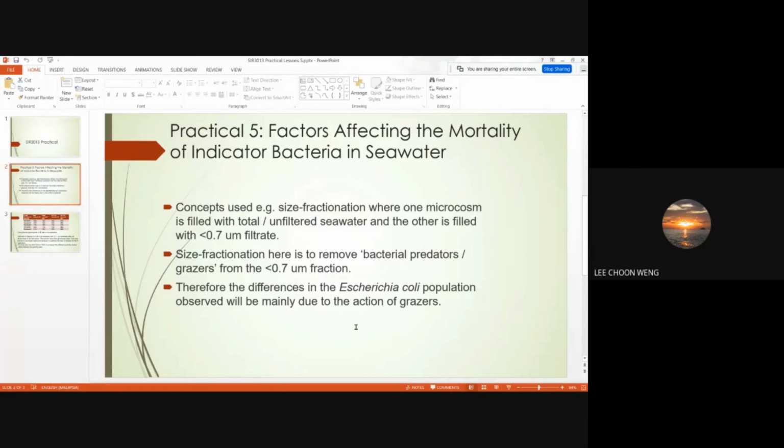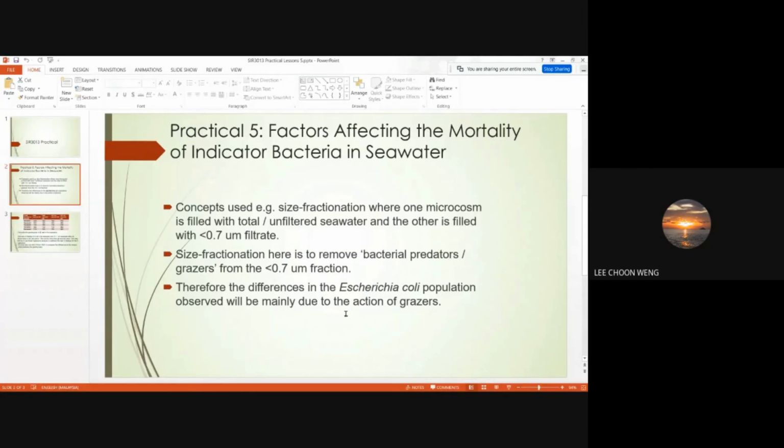Therefore, we can estimate the die-off rate, the half-life of E. coli in the environment. Just remember that the half-life of E. coli in fresh water and seawater is very different because E. coli doesn't survive well in seawater. They survive better in freshwater.